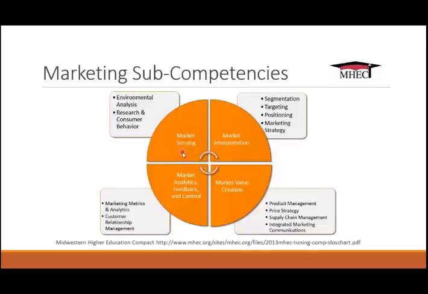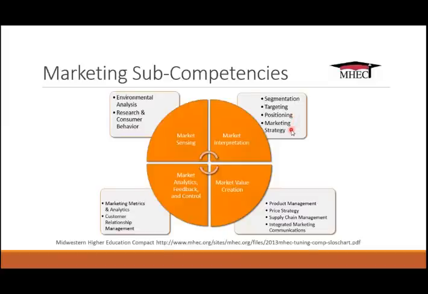For example, when we study market sensing, we will be looking at environmental analysis and researching consumer behavior and other aspects of marketing. When we study market interpretation, we will be studying segmentation, targeting, positioning, and marketing strategy.